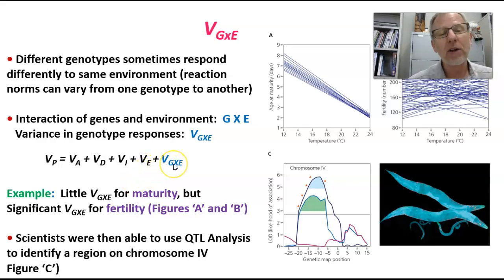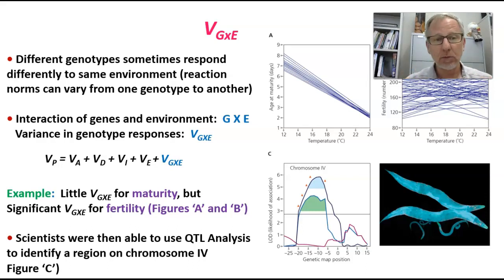But now we have this last expression, this fifth expression of what can contribute to the overall phenotypic variance, which is the interactions between genes and the environment. And so that's V sub G by E, which you can see there on the slide.